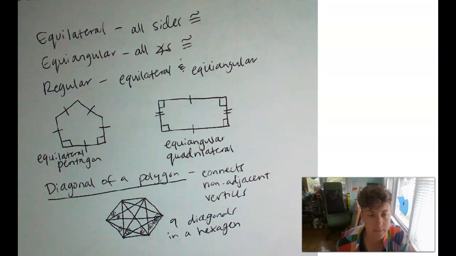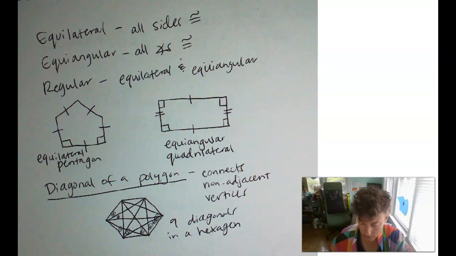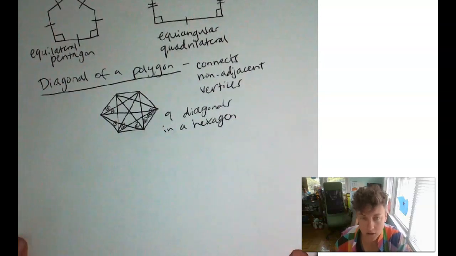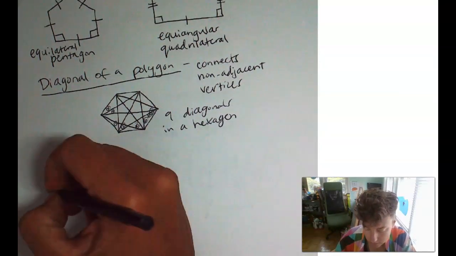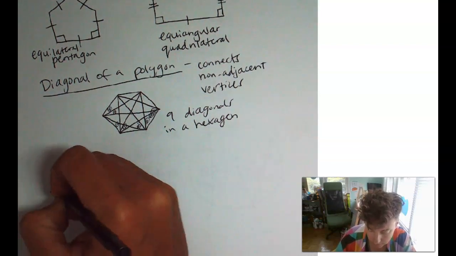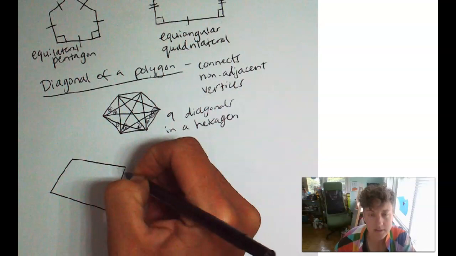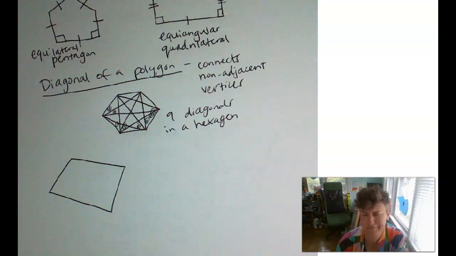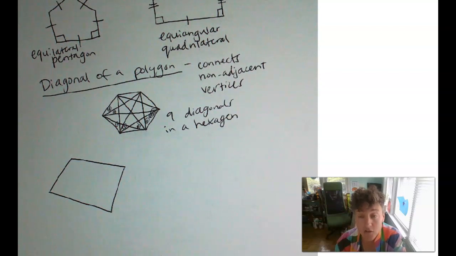Fabulous. Next, we're going to talk about how quadrilaterals are kind of like circles. So go ahead and draw yourself a quadrilateral, any 4-sided figure. It looks kind of like a circle, right? No. Why is it like a circle? Well, a circle has 360 degrees.